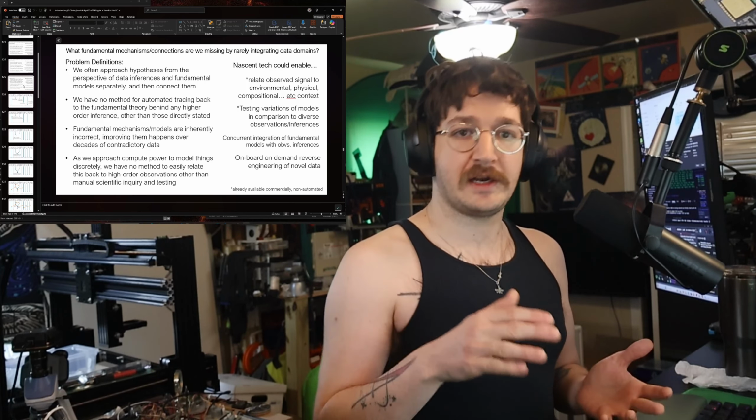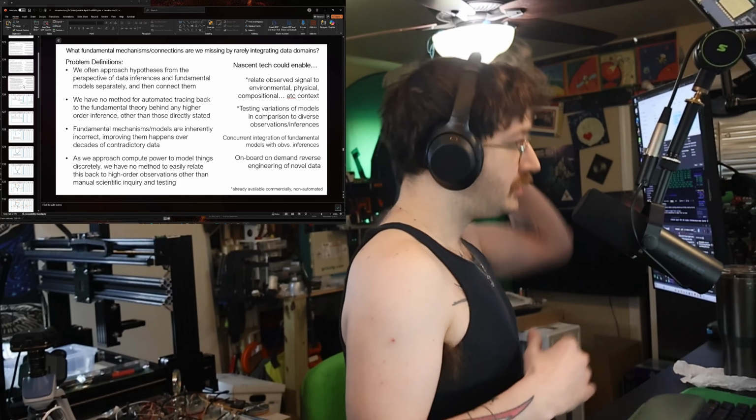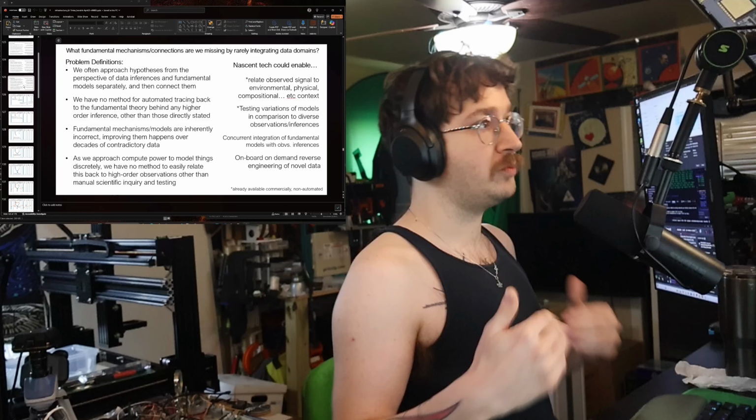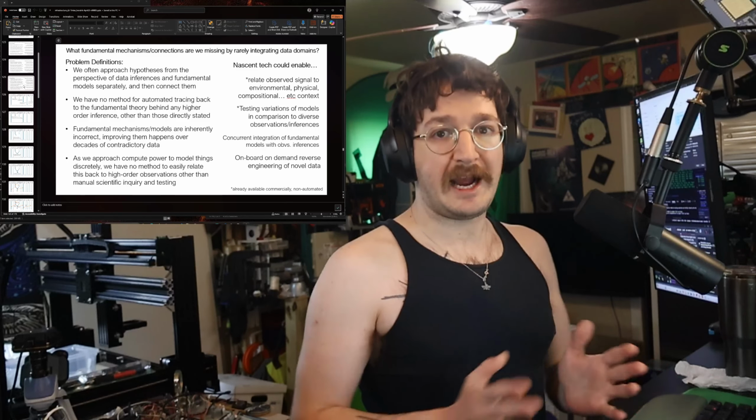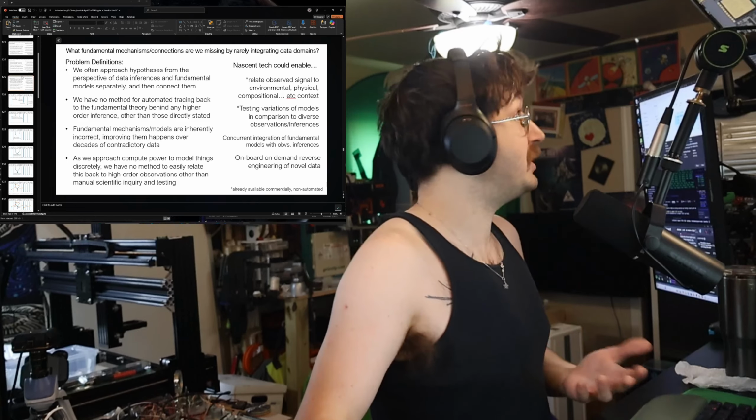We don't have to two-thread them, and they don't have to be done by 2 different organizations if the data accessibility is solved. And this will also enable onboard and on-demand reverse engineering of novel data sets. So let's say we do detect something that is anomalous compared to what we've trained on. Well, now we can use those fundamental models to try to tell us something about the data that we do see.